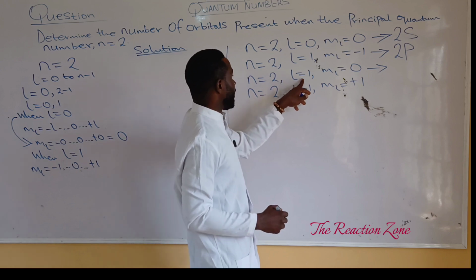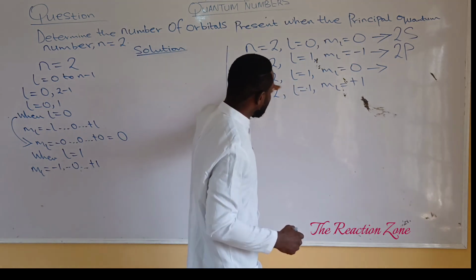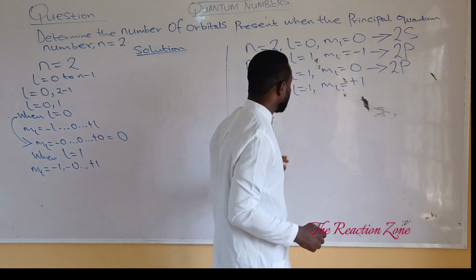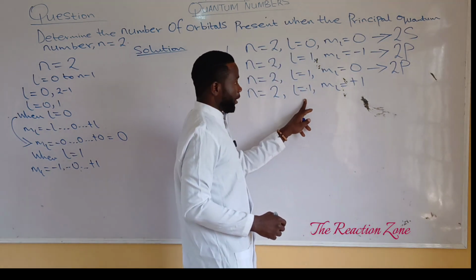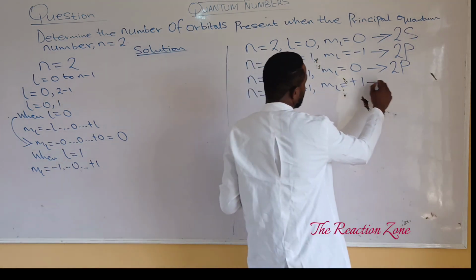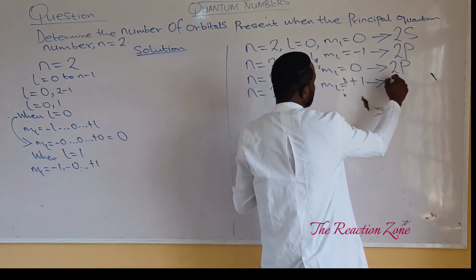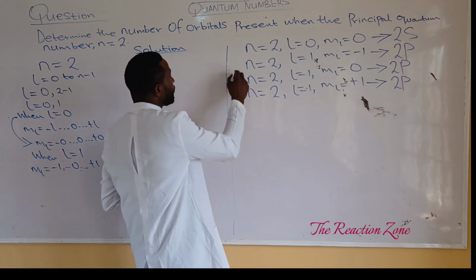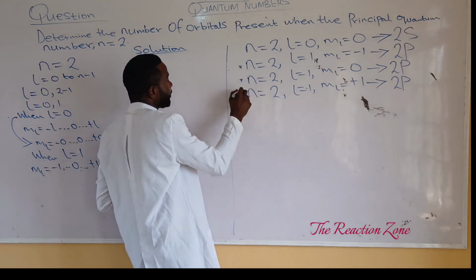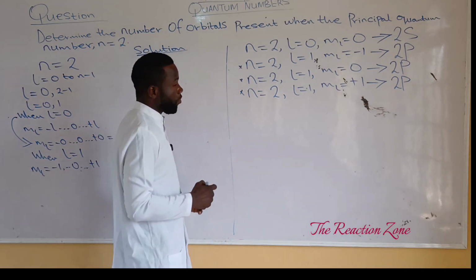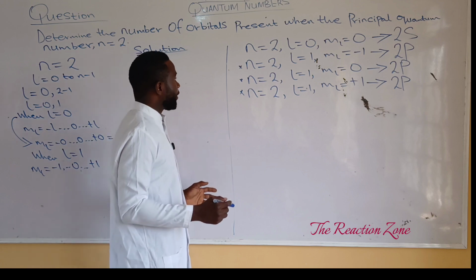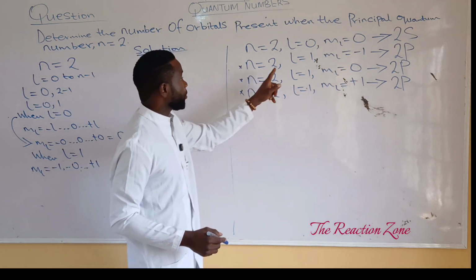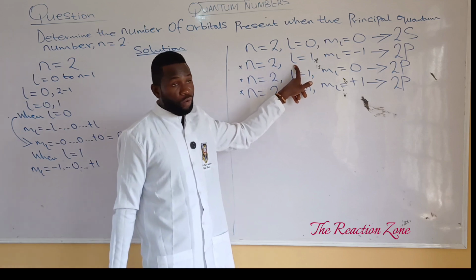For the next one, l is also equal to 1. So it means that this set of quantum numbers here describes another 2p orbital. For the last set here, l is still equal to 1. So it also means that this set of quantum numbers describes a 2p orbital. Now when you look at these three sets of quantum numbers, you will discover that they have the same values of principal quantum number and also the same values of azimuthal quantum number.